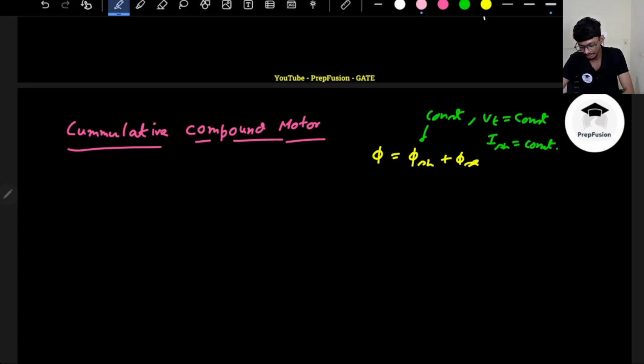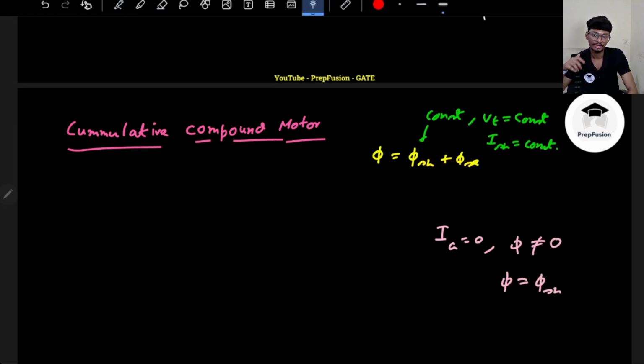So ultimately, right, series flux is there, but initially, if the load current Ia is 0, phi will not be 0 because phi will be equal to phi sh. Previously the series winding flux was going down to 0, but now it will not be 0. So the no load characteristics will be similar to the shunt motor, right?